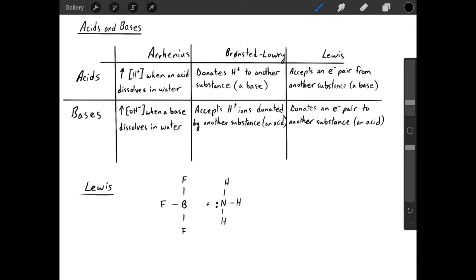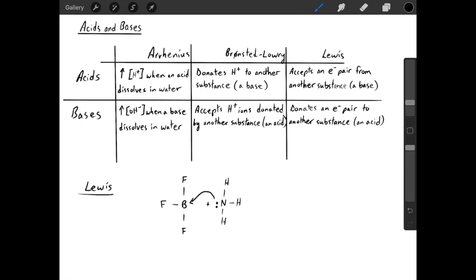A final example of a Lewis acid-base reaction is the reaction of BF3 with ammonia. This process involves almost nothing that looks like a traditional acid or base. But you have an electron-deficient boron atom. That boron in the BF3 molecule doesn't have a complete octet, so it can accept electrons. And the ammonia molecule has a lone pair of electrons that it can donate.